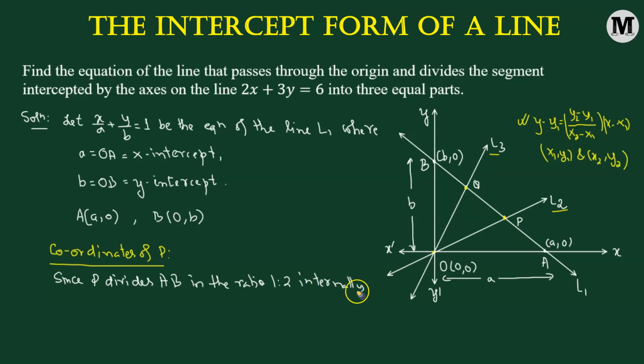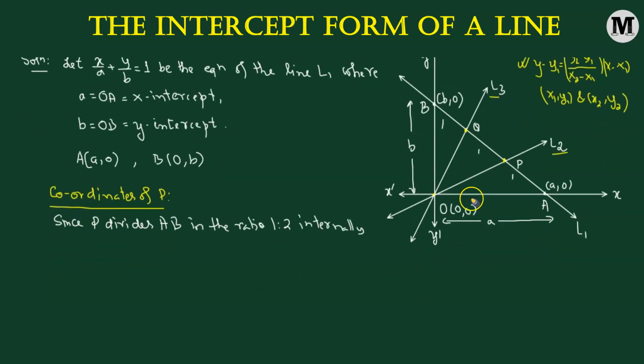That's because we already mentioned that P and Q trisect AB. So AP, PQ, and QB are all in the ratio 1:1:1. Now we consider the fact that P divides AB into AP and PB in the ratio 1:2. So the ratio of AP to PB is 1:2.